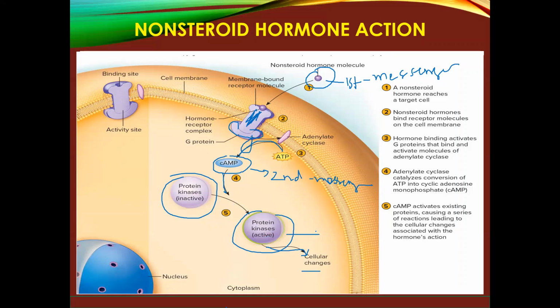This protein kinase will be able to make, let's say this is glucose, many glucose bind together to produce glycogen inside the liver cell. And remember, insulin function is to reduce the sugar in the blood by combining them together to make the glycogen. And this process is done by this protein kinase.